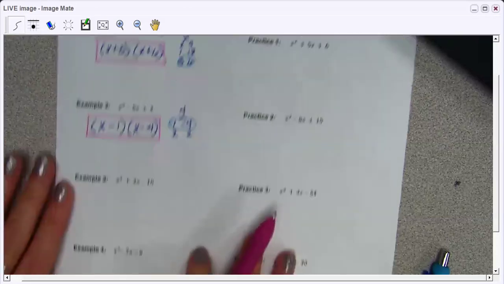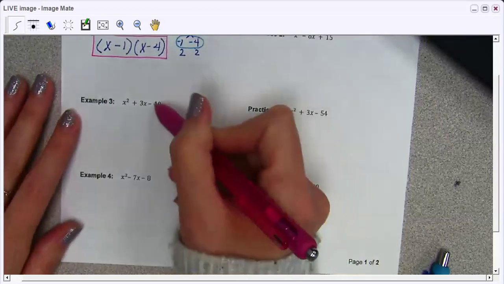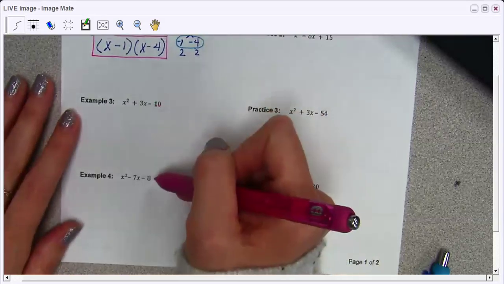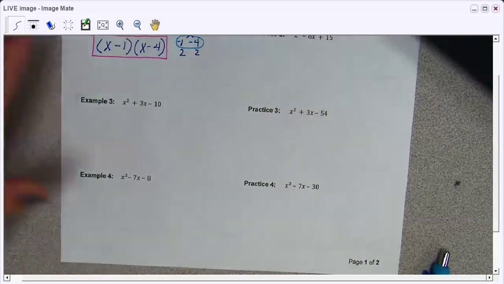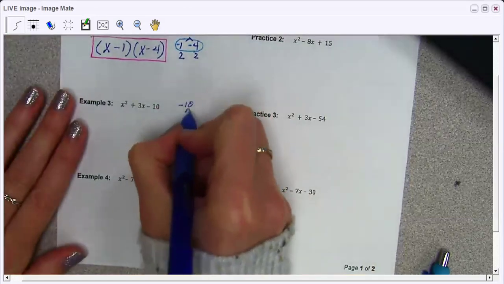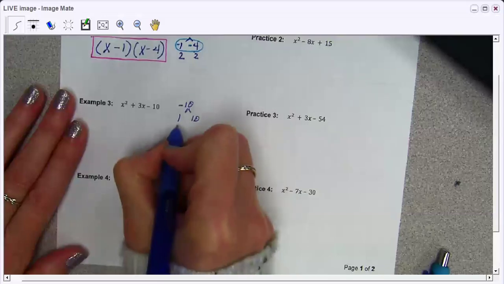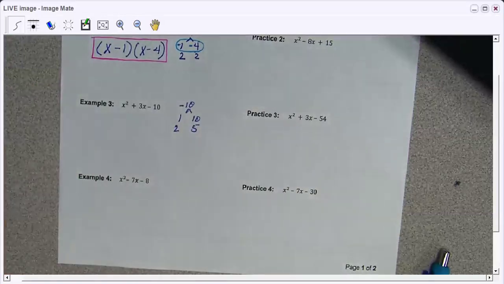Okay. Now let's come down to where on examples 3 and 4, our C term is negative. What that means is that one factor has to be negative and one factor has to be positive. So let's look at this. We have negative 10, and we have 1 and 10, and we have 2 and 5. So what factors of negative 10 will give us a positive 3 or a 3 of some sort?